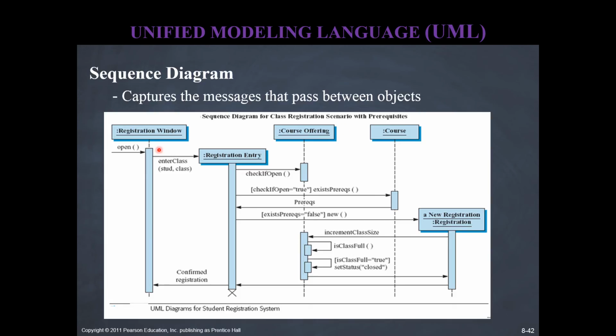In order for a student to register for courses, this particular student needs to invoke or launch a number of classes like registration window class, registration entry class, course offering class, course class, a new registration class, and all those things exchange messages. In other words, messages are sent from one class to another using this particular sequence.